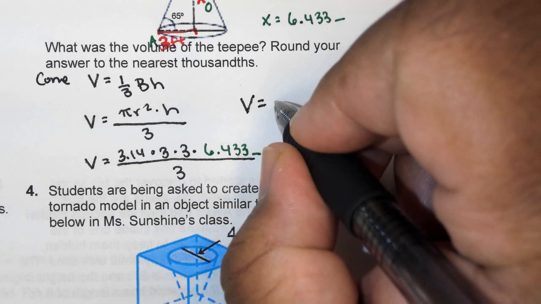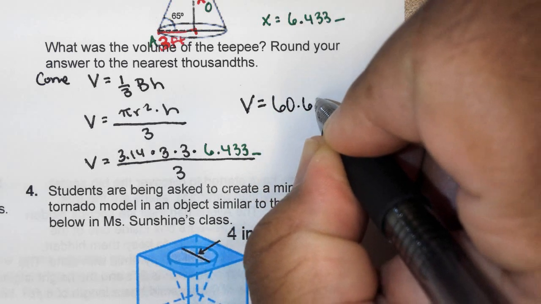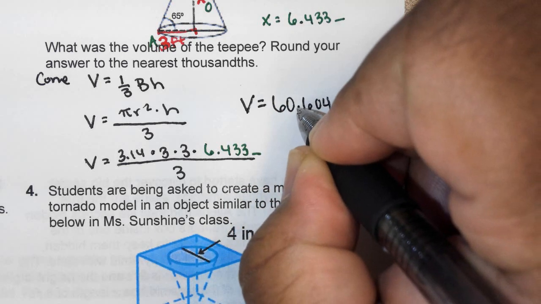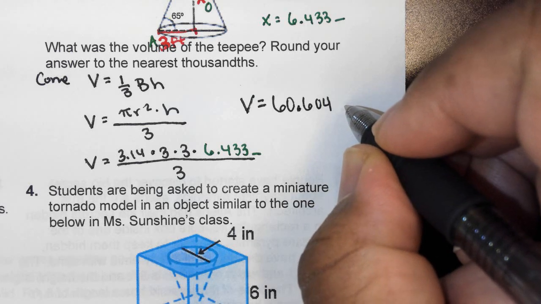Round correctly, please. 60.604. This is feet cubed.